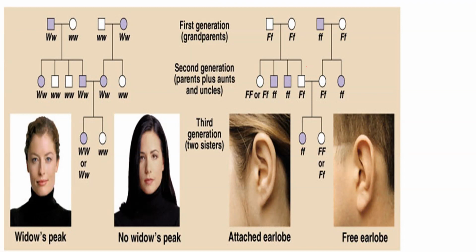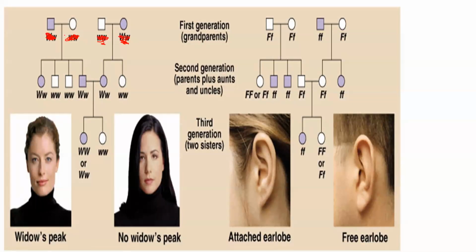This is looking at widow's peak and attached earlobes, okay? And this one gives us the genotype at the bottom, which of course we don't really need, because even if we ignore these here, we can work out what's going on, right?